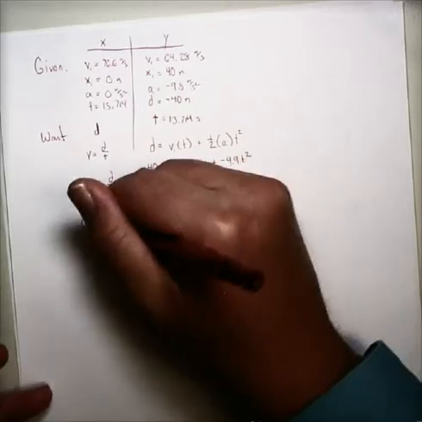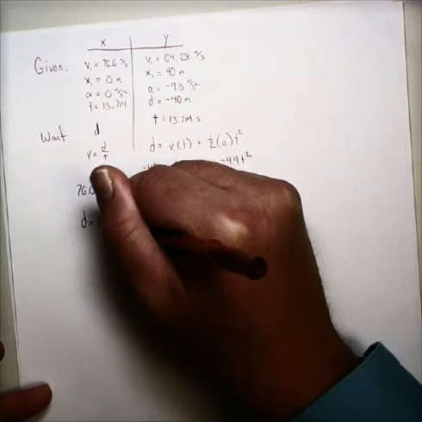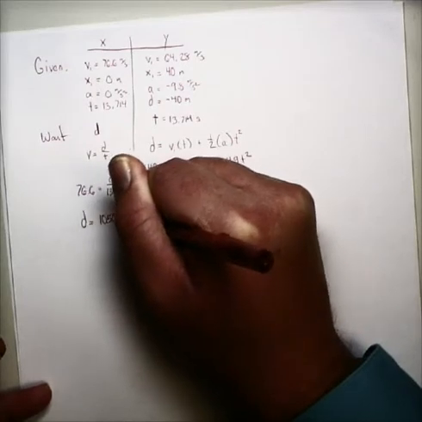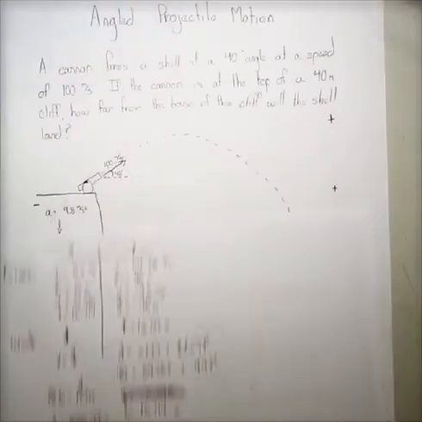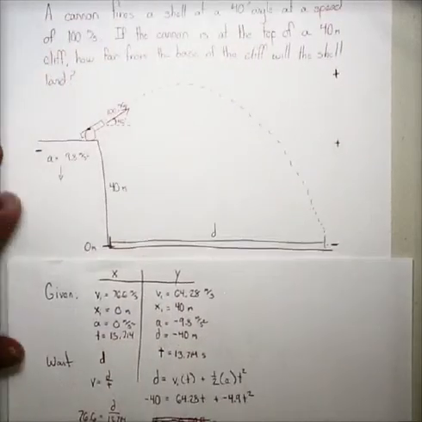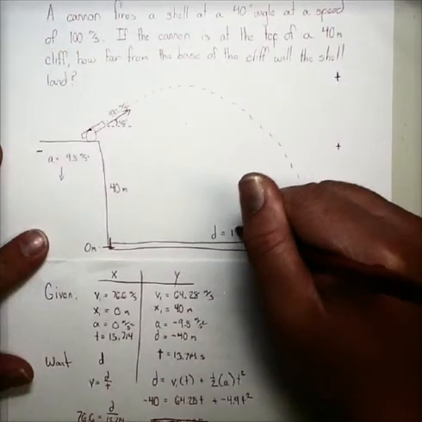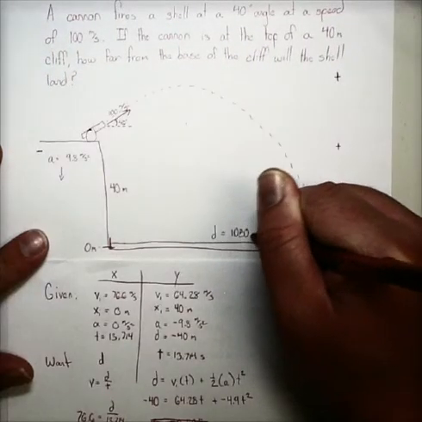So that is a displacement of, ignoring sig figs, 1050.49 meters. And this is my final answer to, oh my goodness, this problem from long ago. The distance that shell will travel is 1050 meters.